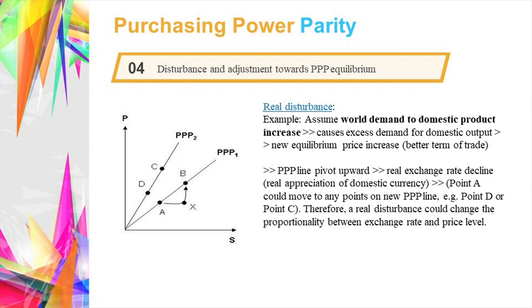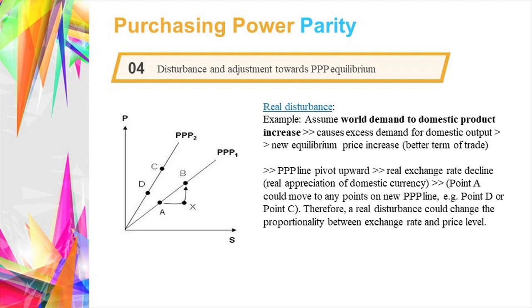4. Disturbance and adjustment towards PPP equilibrium. Real disturbance. Referring to the diagram. For example, assume world demand for domestic products increases. This will cause excess demand for domestic output. Hence, the new equilibrium price increases. Due to better terms of trade, the PPP line pivots upward, see diagram.